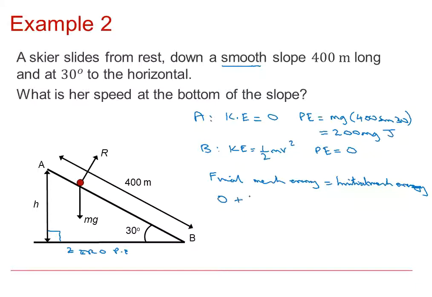The final kinetic energy is a half mv squared. The initial potential energy we've just found was 200 mg, and the initial kinetic energy was 0. m cancels out, so the answer is independent of the mass of the skier, and we get the speed is 62.6 meters per second.